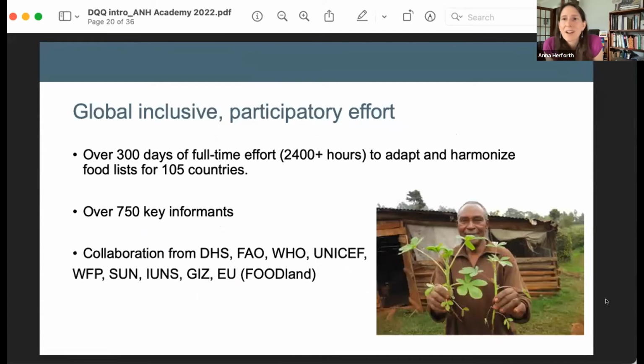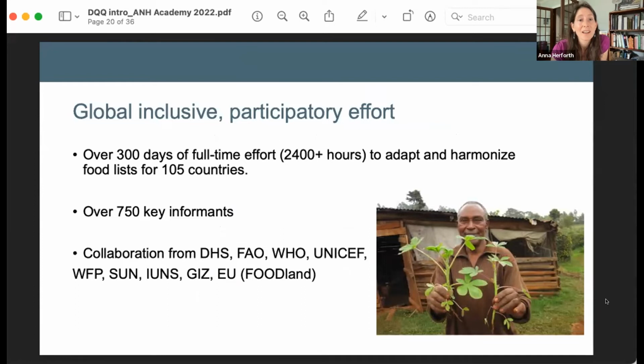So all in all, this added up to a really large, global, inclusive and participatory effort, which included over 750 people around the world as key informants, in collaboration with a lot of the UN institutions, DHS, our funders, and the SUN Secretariat.